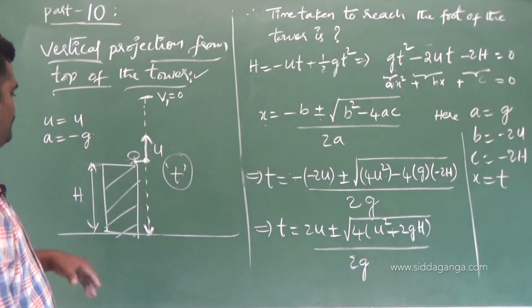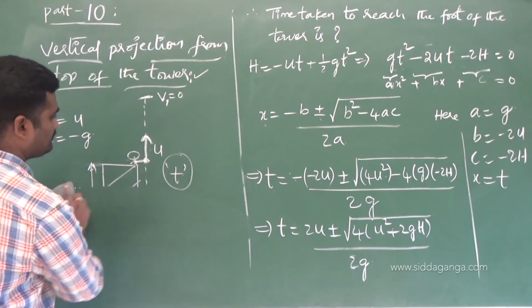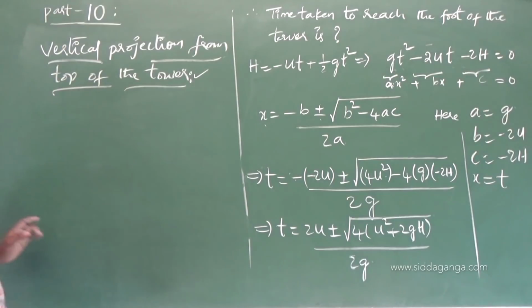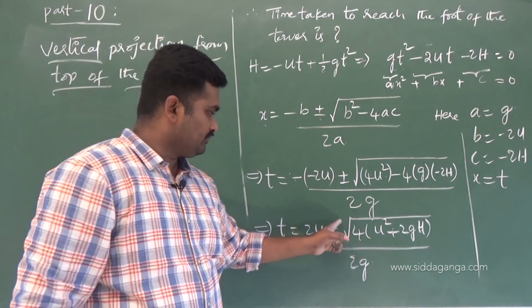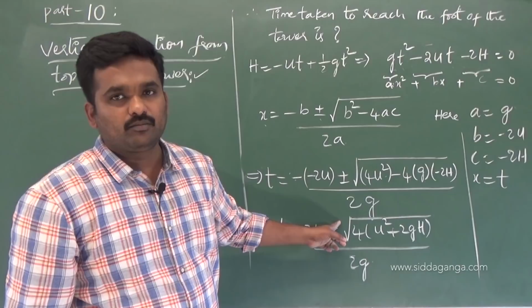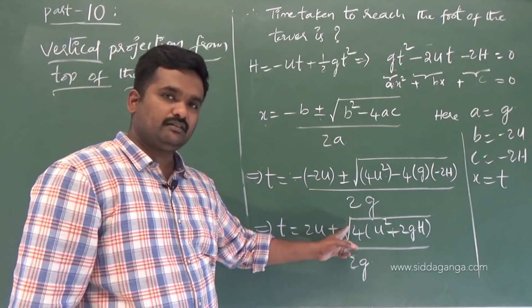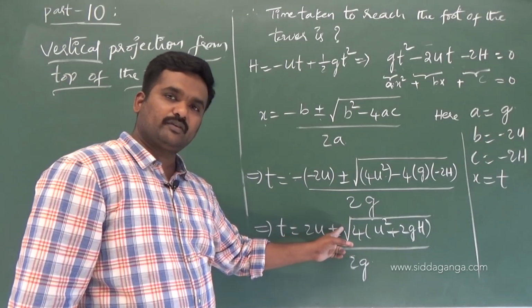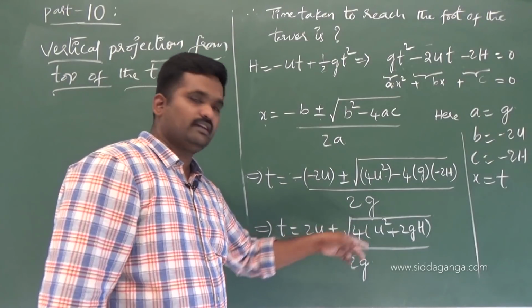Further simplification. If I take 4 out of the root, it will become 2. Root 4 is 2, right? The 2 I will take out. So this 2 and this 2 will get cancelled.